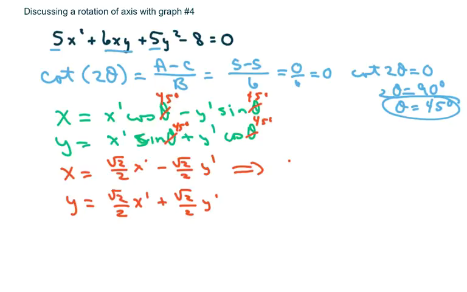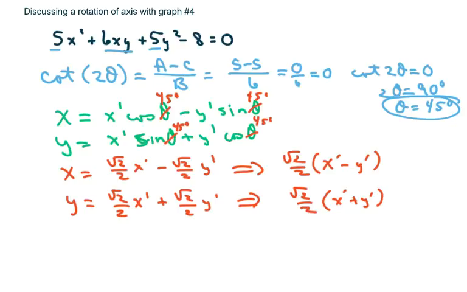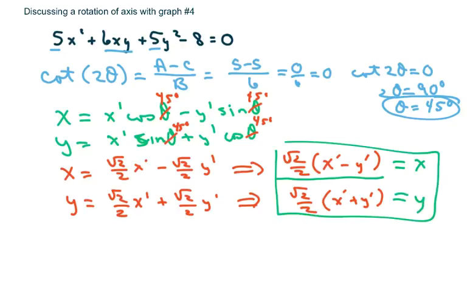So x is going to be square root of 2 over 2 times x prime minus y prime, and y is the same, but it's x prime plus y prime. Now we're going to substitute my x's in. This is your x, this is your y. We're going to substitute these in here, these variables here. So let's go to the next page.